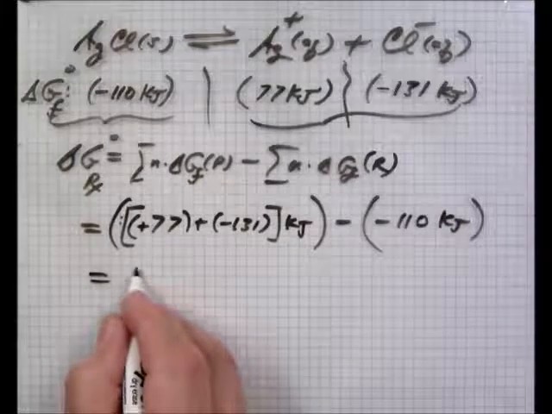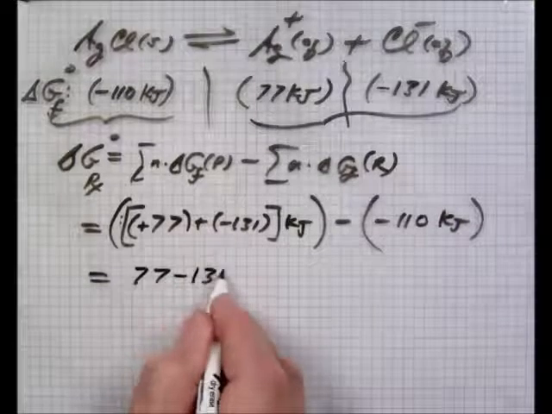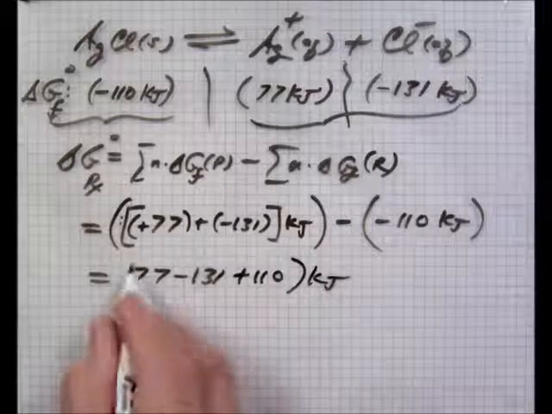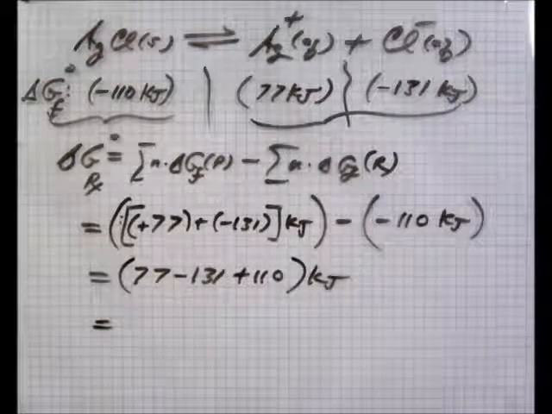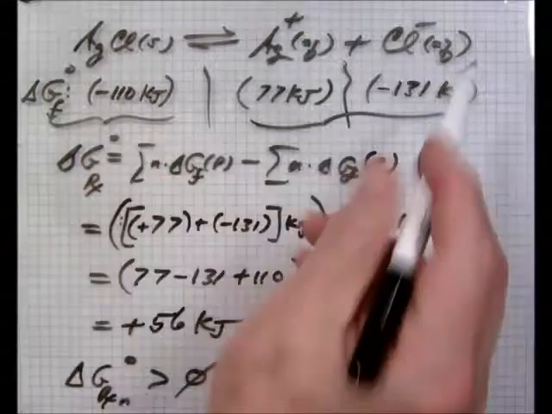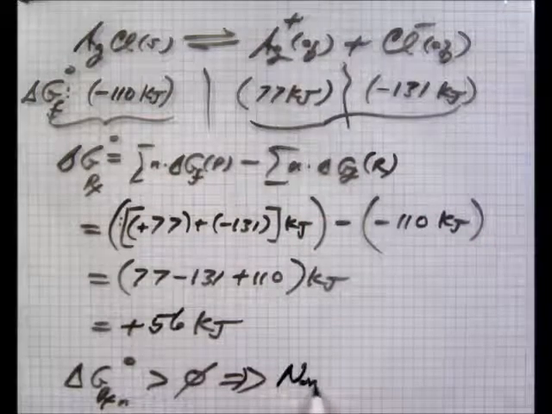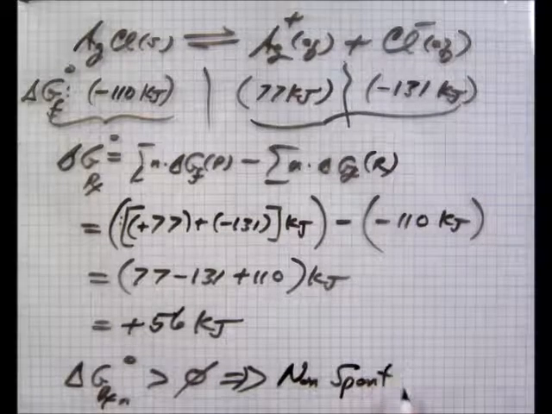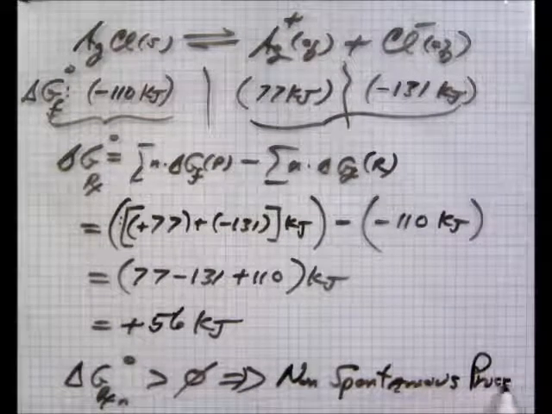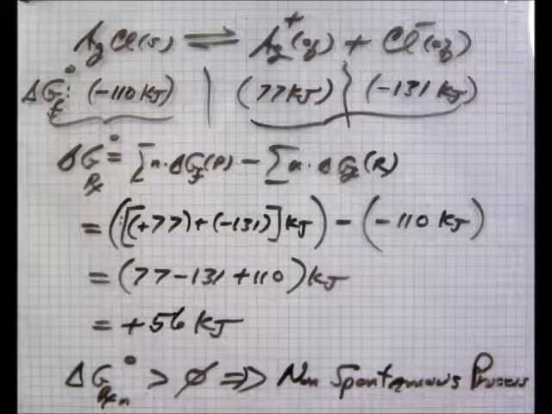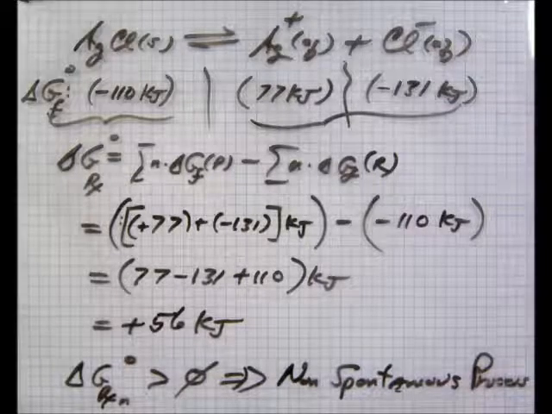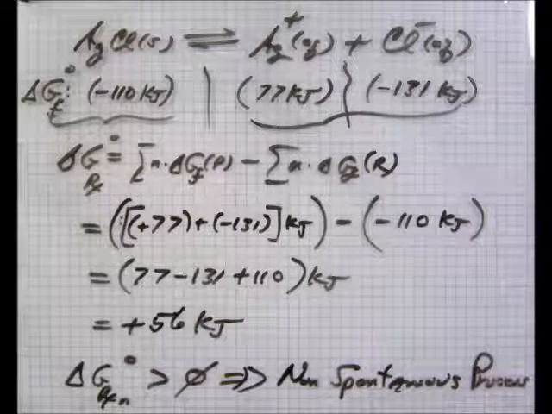So that'd be 77 minus 131 plus 110 kilojoules. And so the delta G we get out of this, silver chloride is kind of a non-spontaneous process. And the issue is it does not deliver too many ions in solution, essentially.